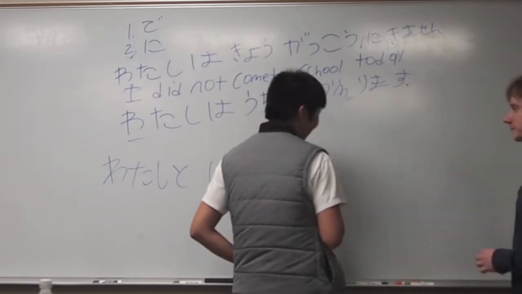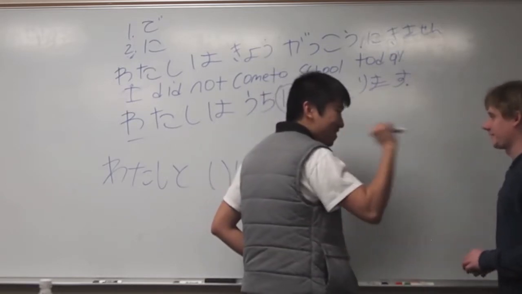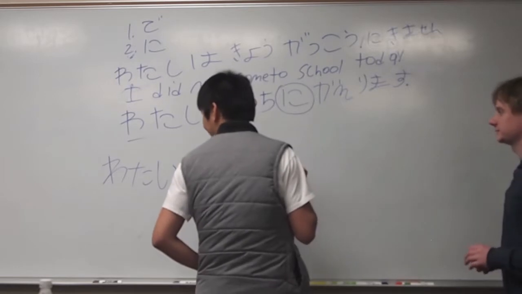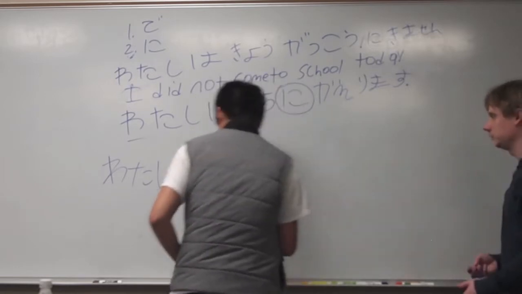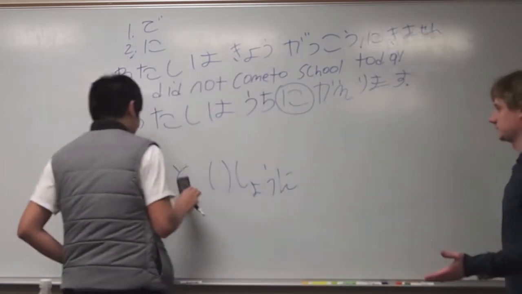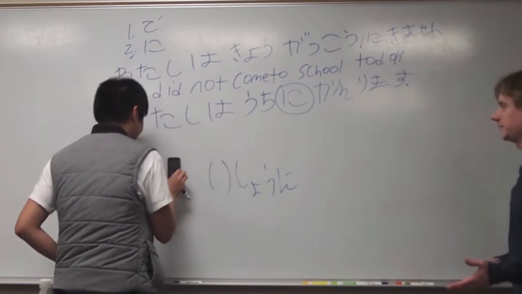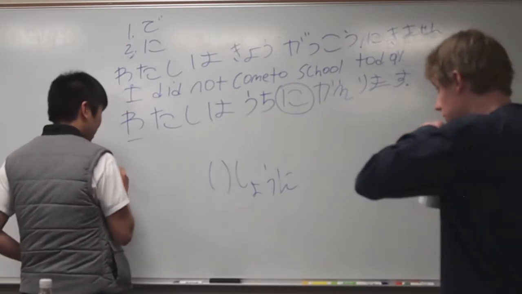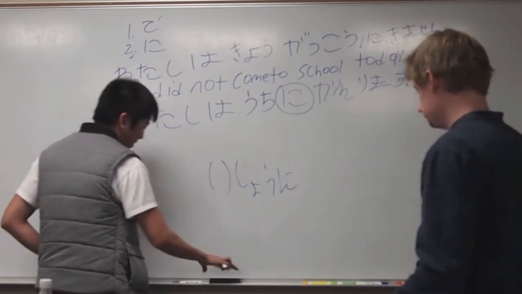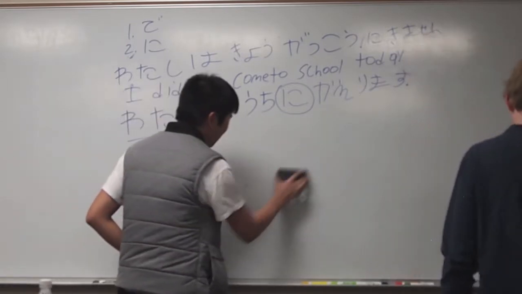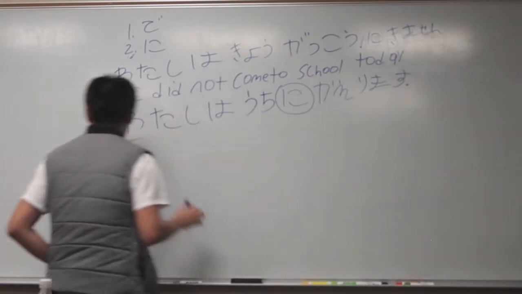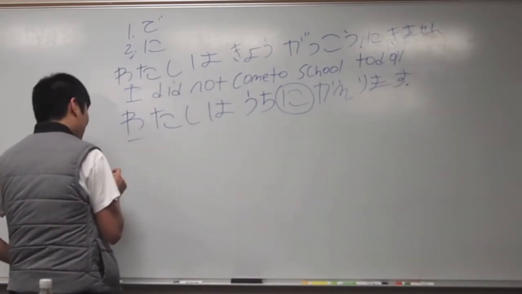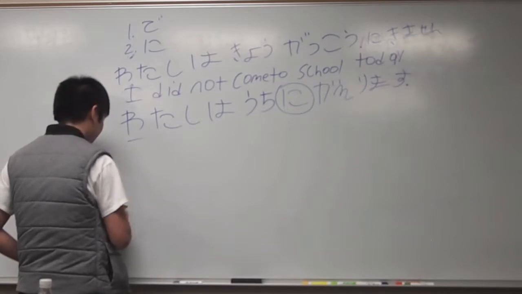Wait. Now you're confusing me. You have to have somebody else to do it. 私と somebody. 一緒に or you could say 一緒に. I just ran it. Man, I even forgot how to write that. Oh, crap.